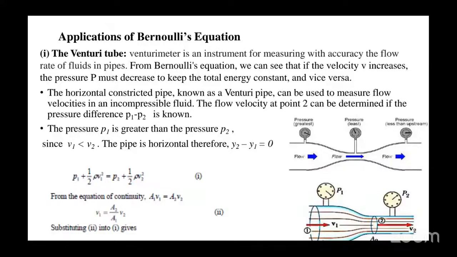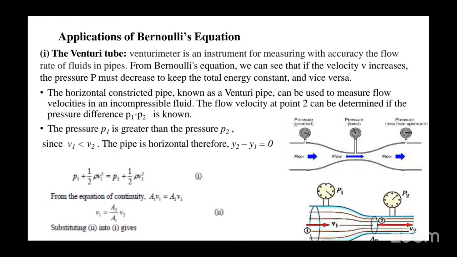So the height parameter Y1 and Y2 are at the same level, which implies that they become zero. So in Venturi tube, applying the Bernoulli's expression, the height parameter section is zero. So that is why the equation has been transformed to P1 plus half rho V1 square is equal to P2 plus half rho V2 square.